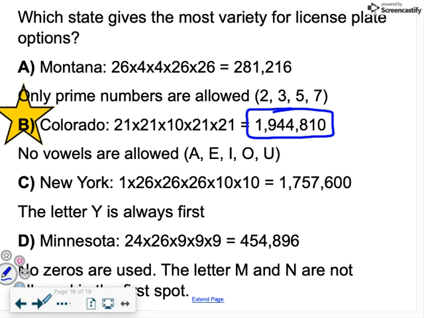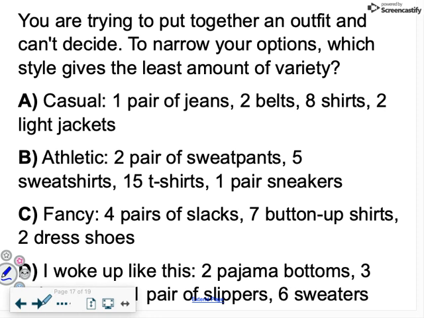One more example here. You're trying to put together an outfit and can't decide, so you want to narrow your options. Which style gives you the least amount? So we want the least amount of variety. We have jeans, belts, shirts, jackets, and sweatpants, sweatshirts, t-shirts, sneakers.